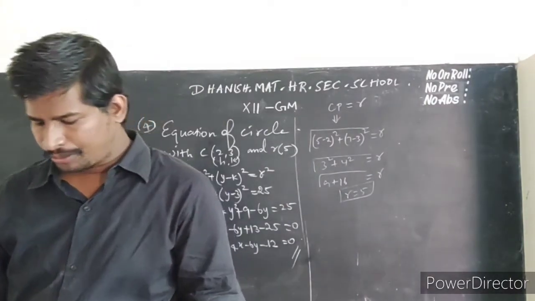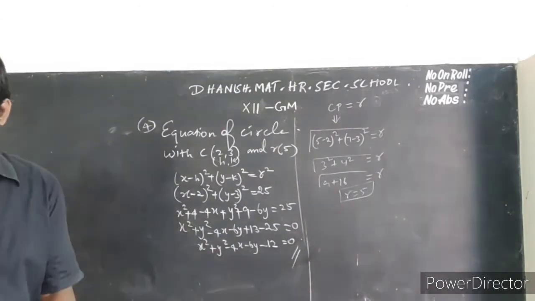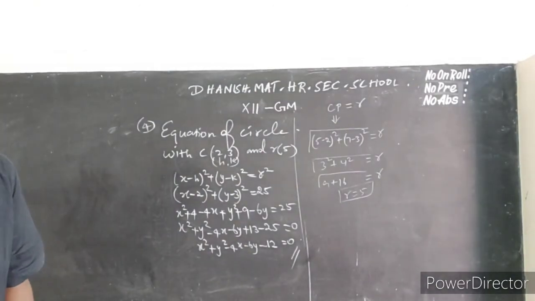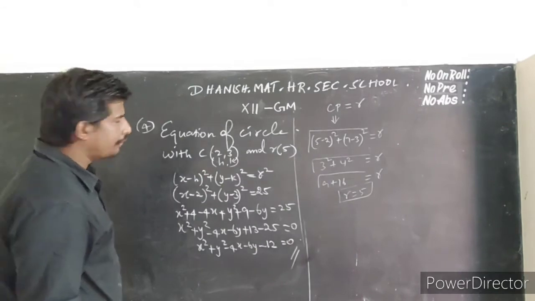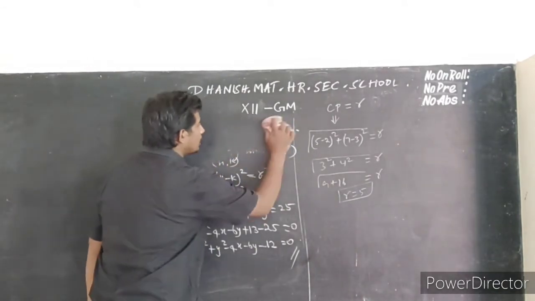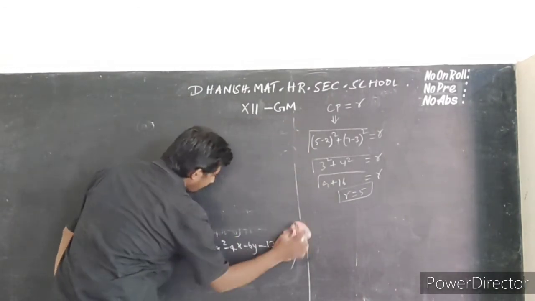Now look at the fifth one. Before doing the fifth sum, you should know one concept, one theorem.